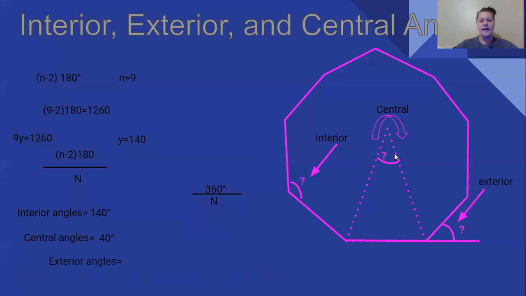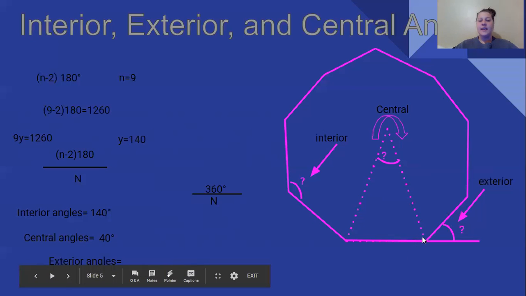Now we're going to do our exterior angles. Now this exterior angle right here. What we already know from previous problems we've worked is that a straight line is equal to 180 degrees. So we are going with the assumption that all the interior angles equal 140.